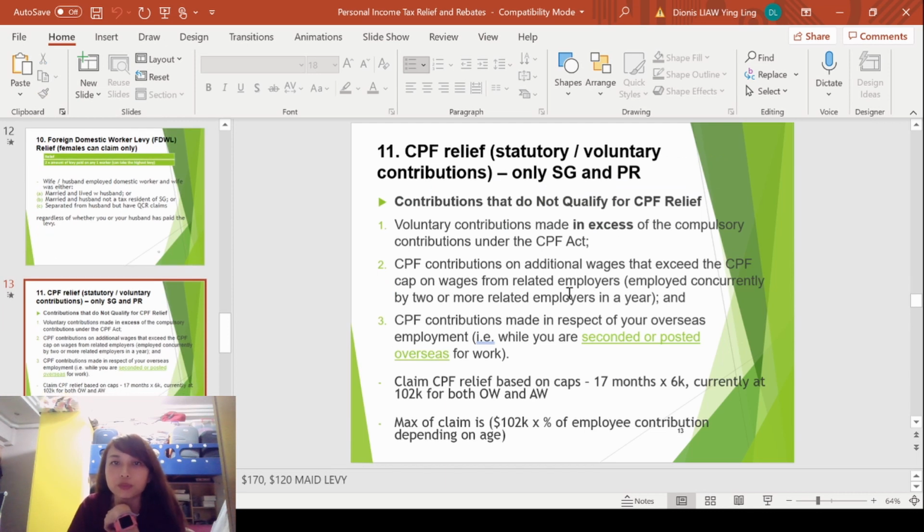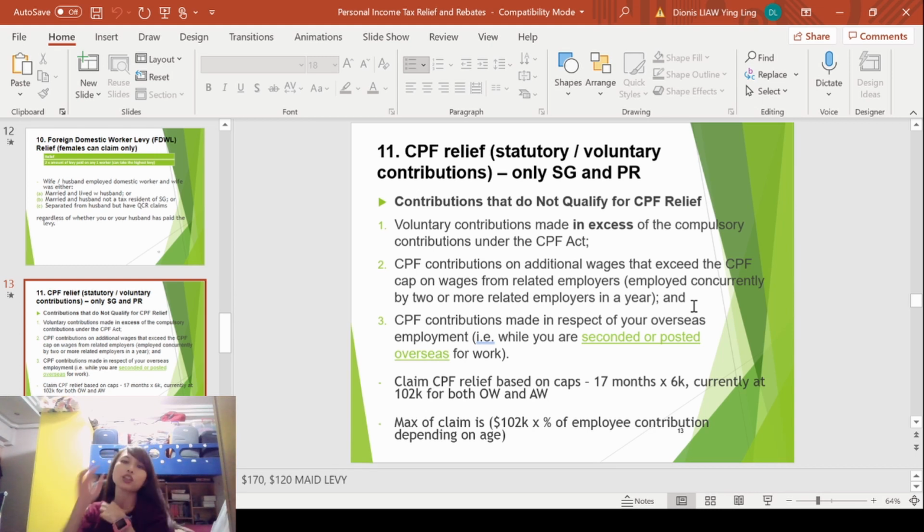Okay, now we move on to the CPF relief. This is my favorite because everyone doesn't really know how to compute this. So the contributions that do not qualify for CPF relief are those made in excess of the compulsory contributions, or the AW exceeding the compulsory contributions again, or CPF made in respect of your overseas employment.